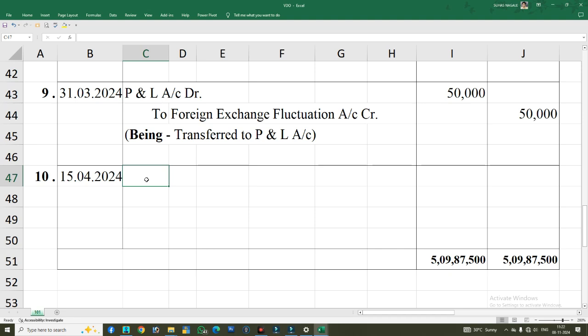This is an export transaction. It means bank account debit because of receipt. There will be profit, and profit is always credit.